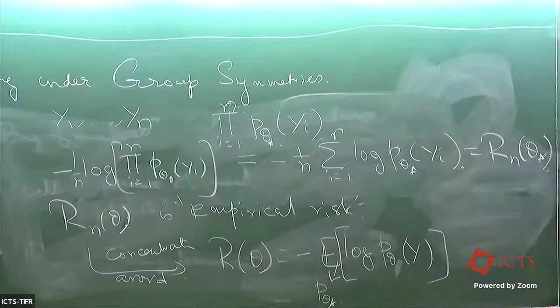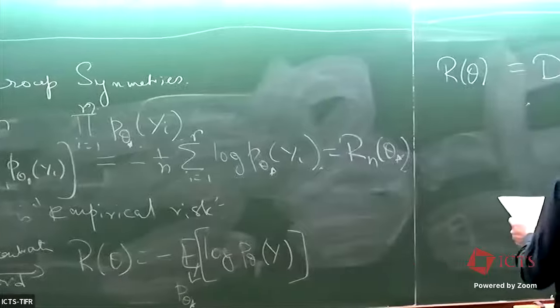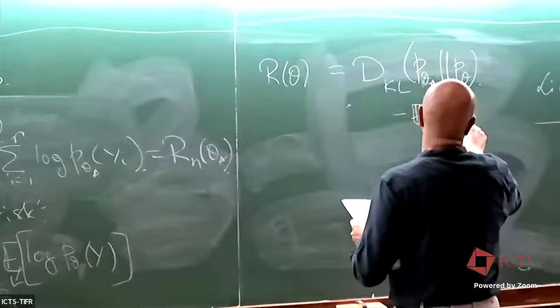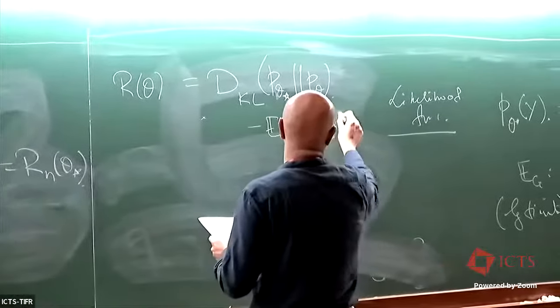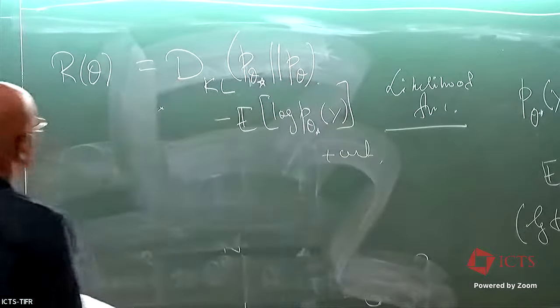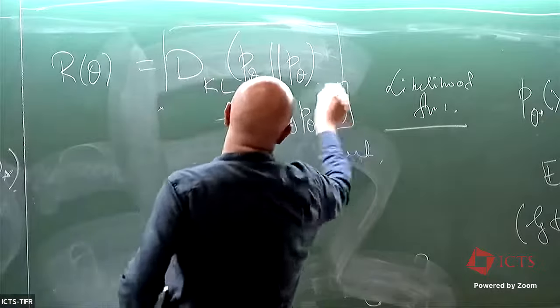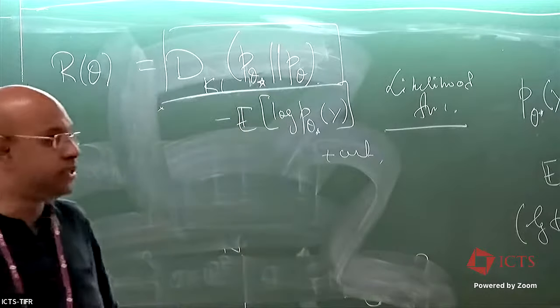This is just the Kullback-Leibler divergence of p theta star with p theta, which I will define very soon, minus the expectation of log p theta star of Y, plus a constant. So basically, the negative log likelihood is closely related to the Kullback-Leibler divergence between p theta star and p theta.